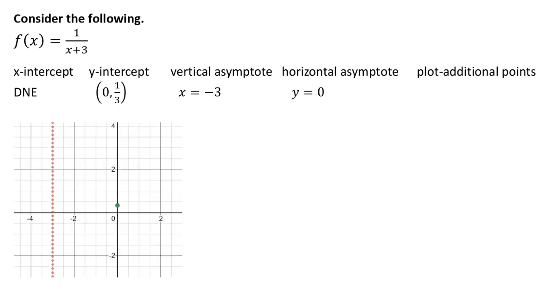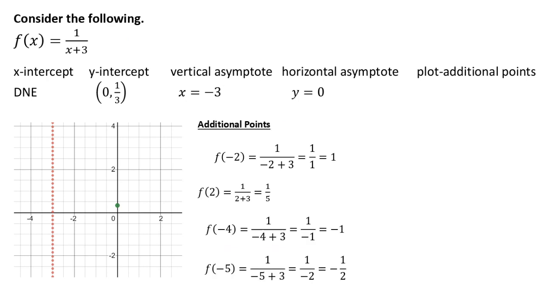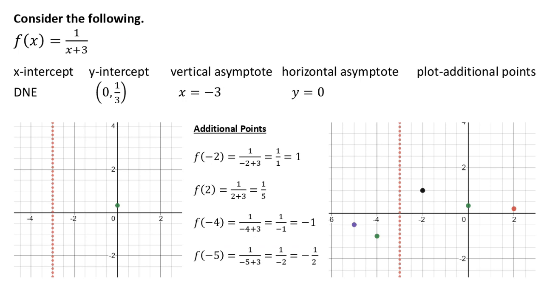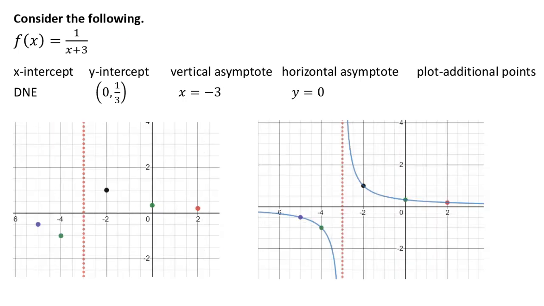Now, once we have all this information, we can also plot additional points to make our graph a little smoother. Again, I picked these 2 points, -2 and 2, to see the behavior around this vertical line, to see how my graph should look. And I solved it. I can plot these points to get a smooth graph.